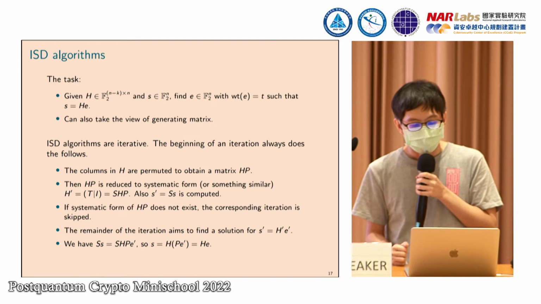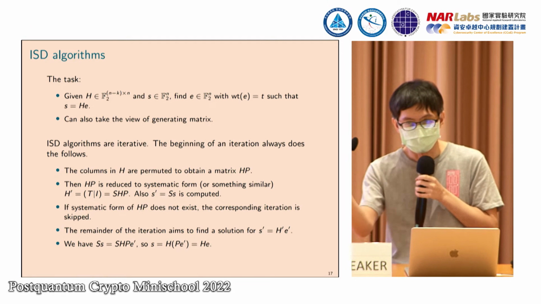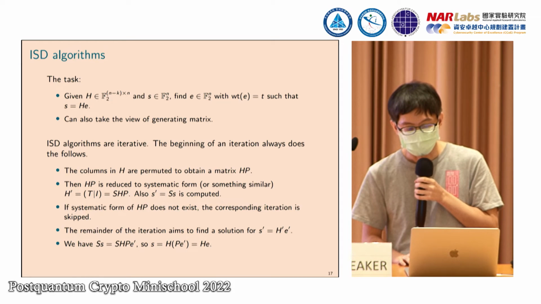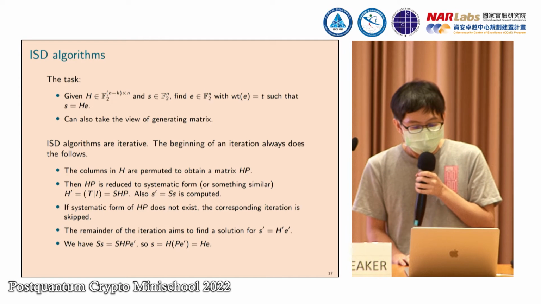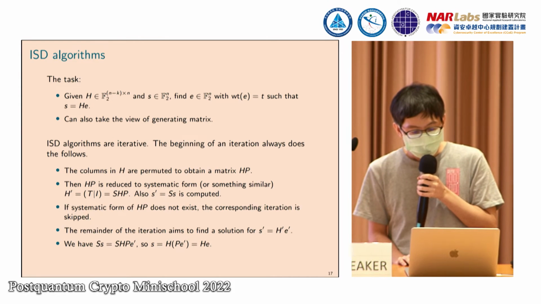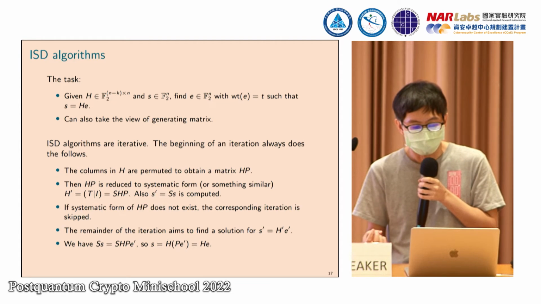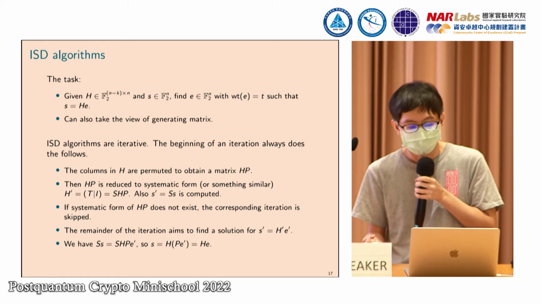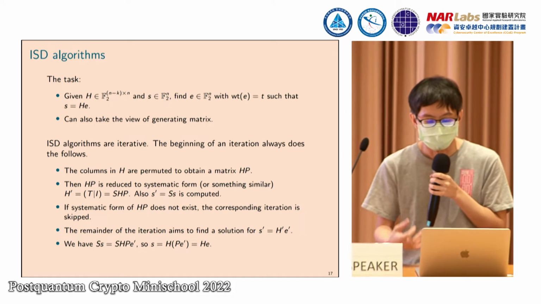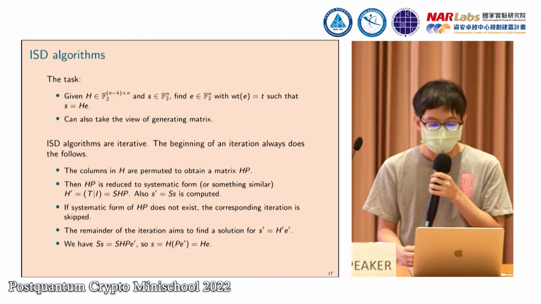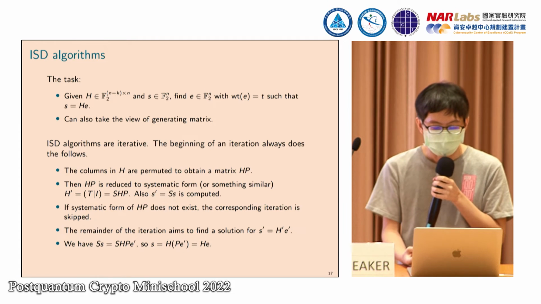You should notice that we also need to multiply the corresponding syndrome by this matrix S. Of course, you might encounter the case that HP cannot be reduced to systematic form. Then one simple solution is to just skip this iteration and start a new one. There are some better solutions, but I'm not going to talk about that.